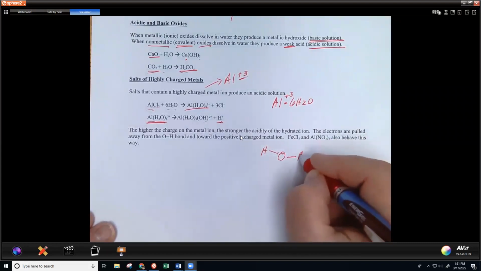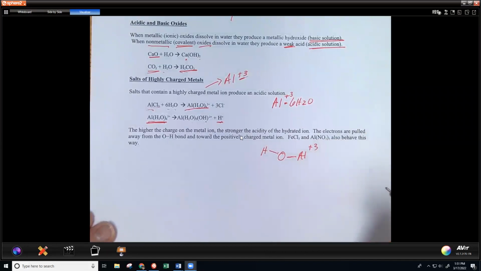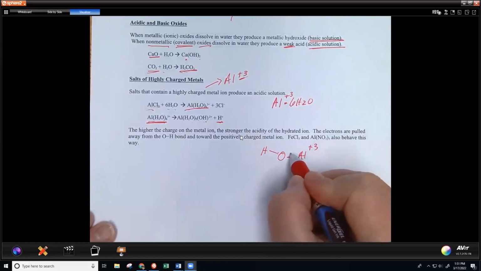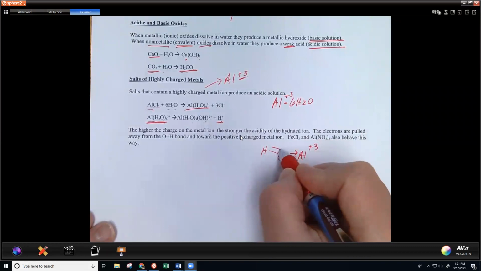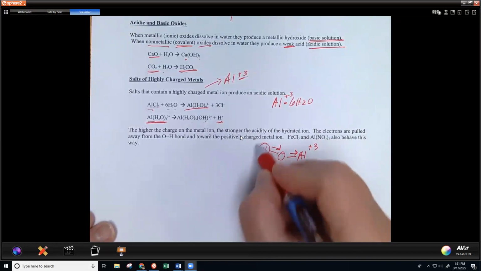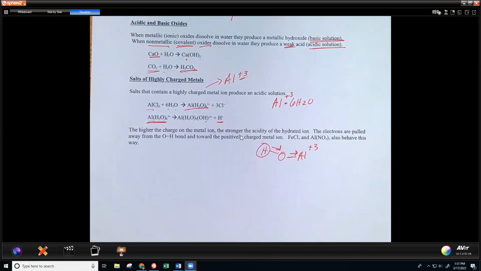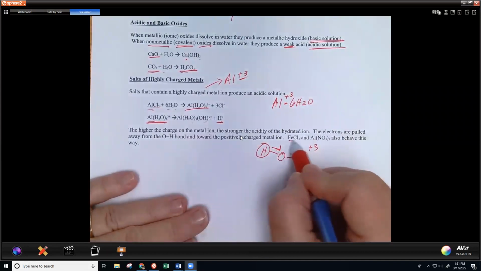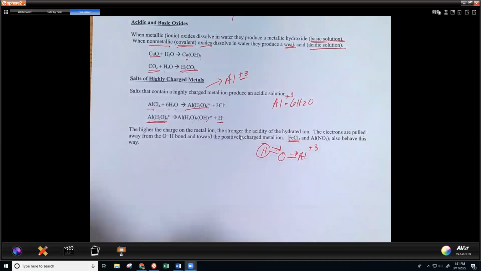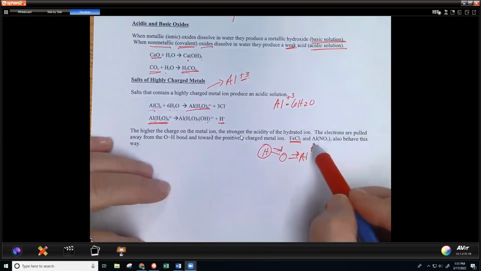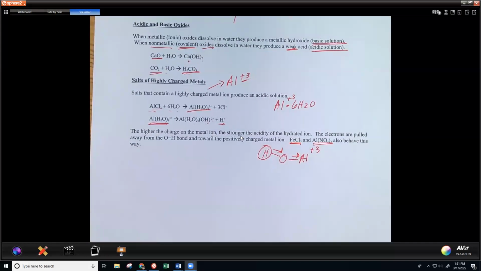So what they're saying is this aluminum is very charged, so it really attracts the electrons that way and that way, leaving that hydrogen kind of hanging out by itself. So it's easy for it to lose that hydrogen to give an acidic solution. You'll see that also with iron chloride, because the iron in that case is 3+, and aluminum nitrate would be another time that you might see that.